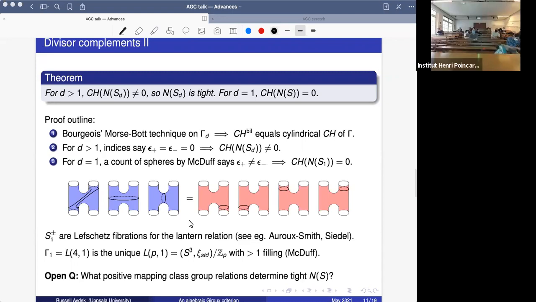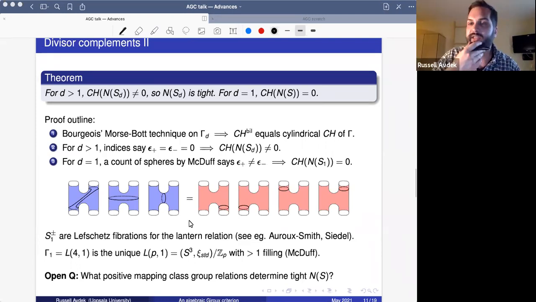Russell, can you prove that the hypersurface times S1 is also algebraically tight? I guess so. Oh yes, because in that case you would just lift to the universal cover, and then you have tightness on the universal cover that tells you that the S1 times the hypersurface is also tight.